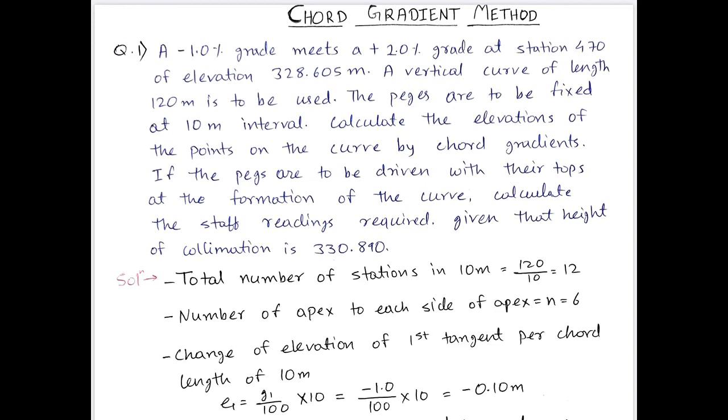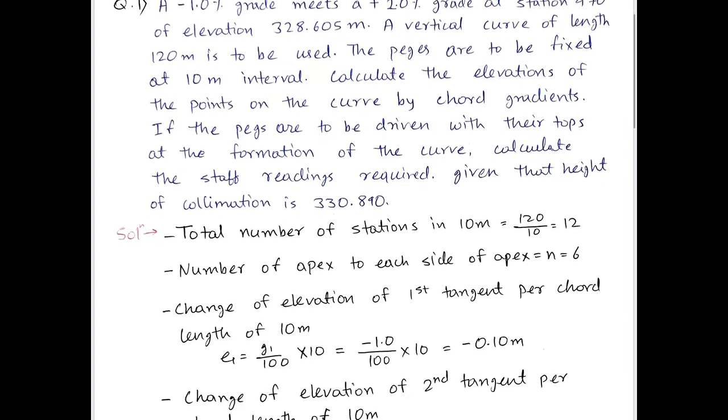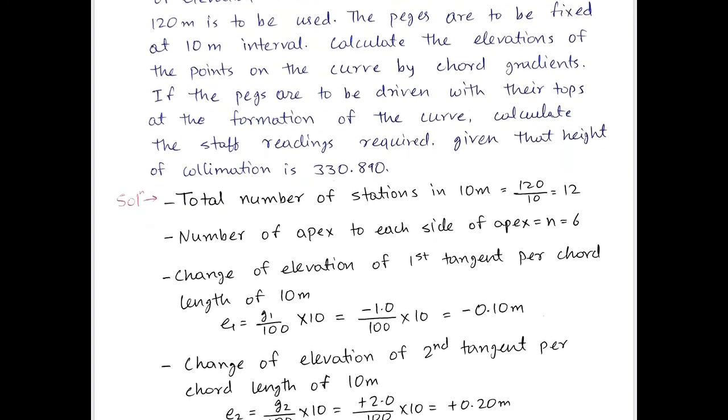Now let us find out the change of elevation of first tangent for the chord length of 10 meter. So the change of elevation of first tangent can be found out by using the formula, that is E1 is equal to G1 upon 100 into 10. 10 is what your peg interval.